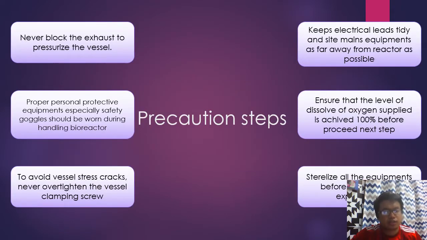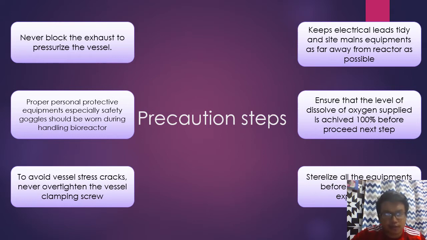Next are the precaution steps we must take seriously to avoid any error in the experiment. The first one is never block the exhaust to pressurize the vessel, because when we block the exhaust, pressure in the reactor will increase and explosion might occur.